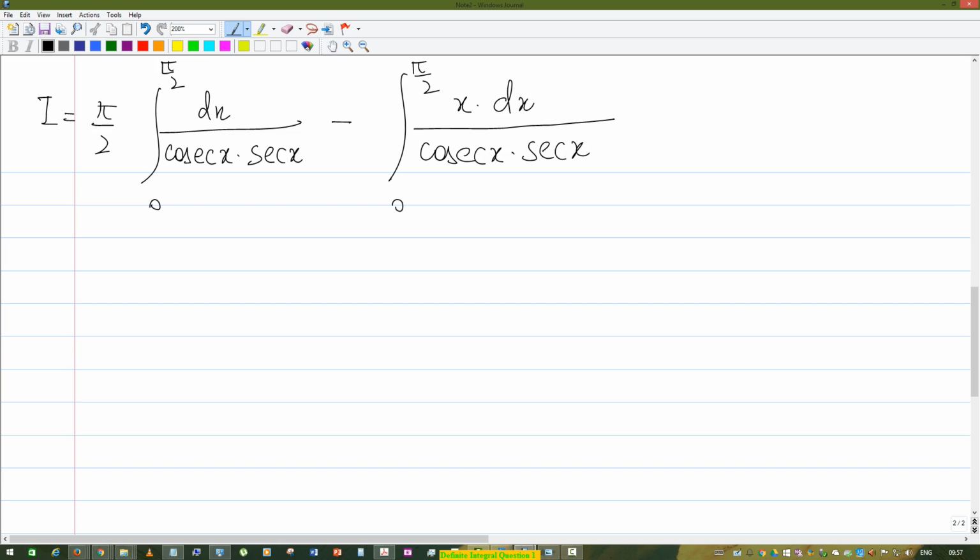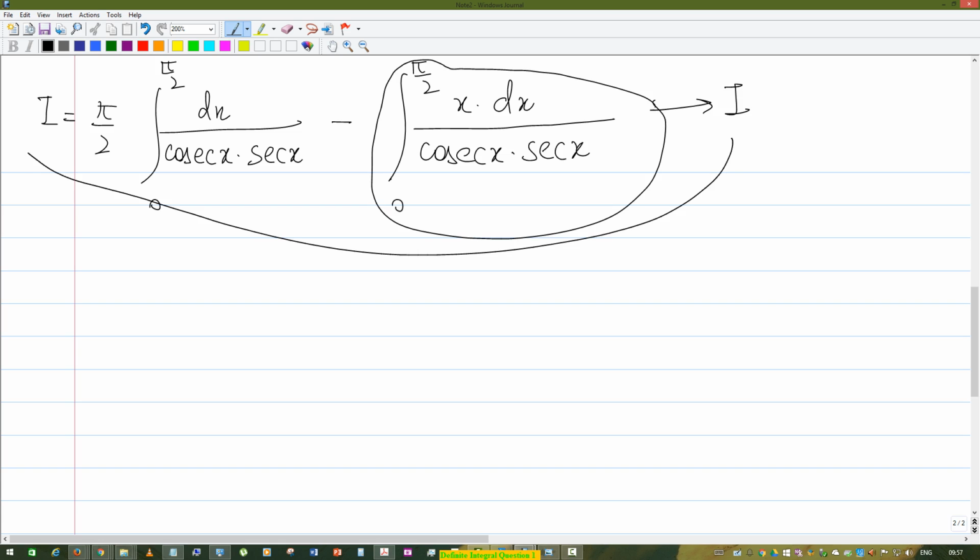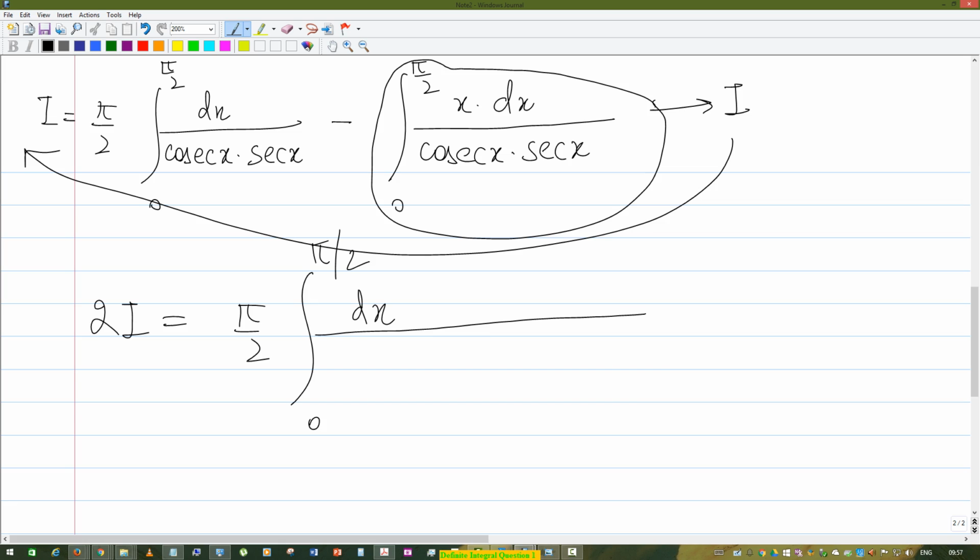All right, so this thing we know is nothing but the I, and we'll take it to the LHS part. So this will become twice of I is equal to pi over 2 integral 0 to pi by 2 dx over cosec x secant x.